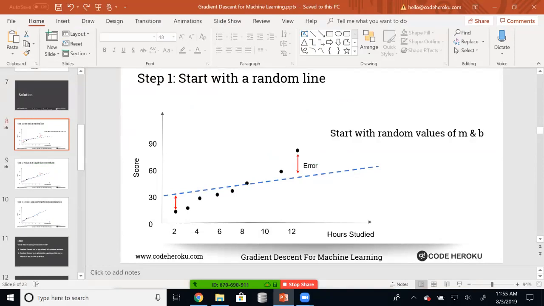So here's what the for loop should look like. I have this x comma y, and first I need to make the prediction on this line for this particular point using the random values of m and b, and we'll get some error, and we'll calculate how much error we got.